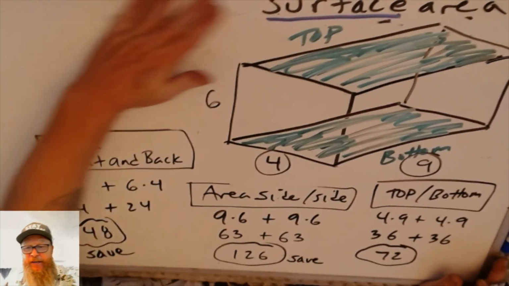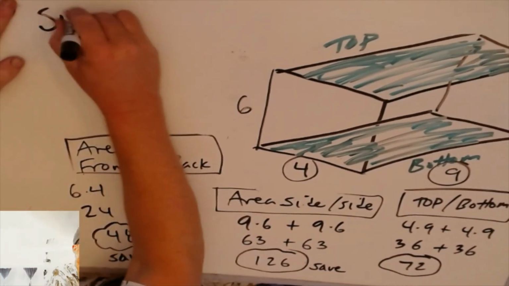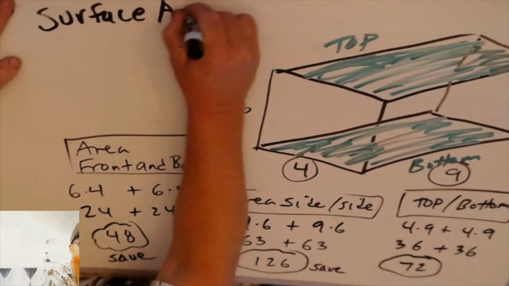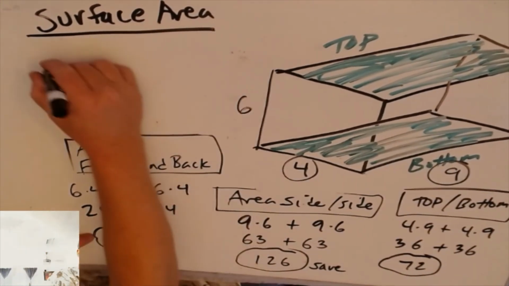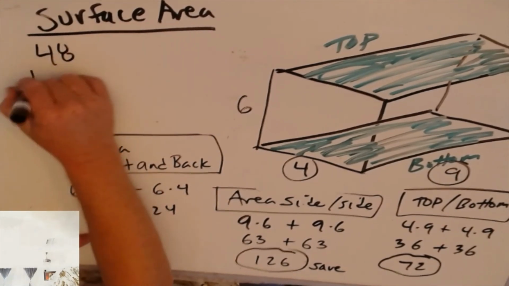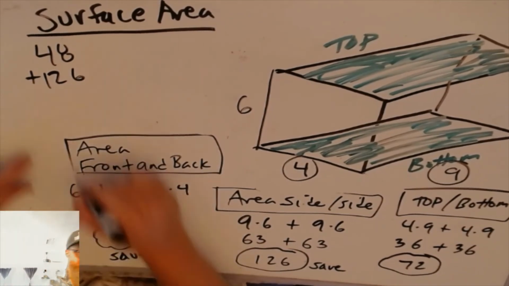So finally, the surface area. So how much surface covers all of this? Just add all these up. 48 plus 126 plus 72.